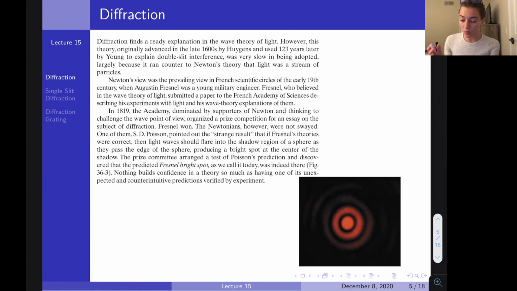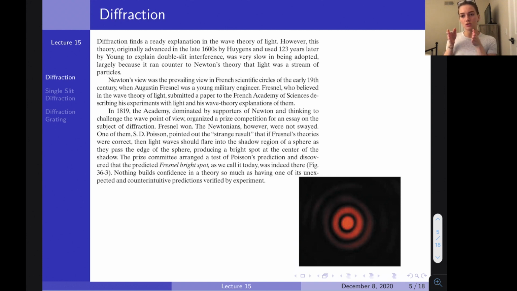Now, with this wave theory of light, you would get a very strange result. What he predicted was basically that if you shine light on a sphere, the diffraction pattern, as the waves flare around the edges of this sphere, will actually produce a bright spot in the center, which is completely opposite of what you would expect if light was just rays or just particles.